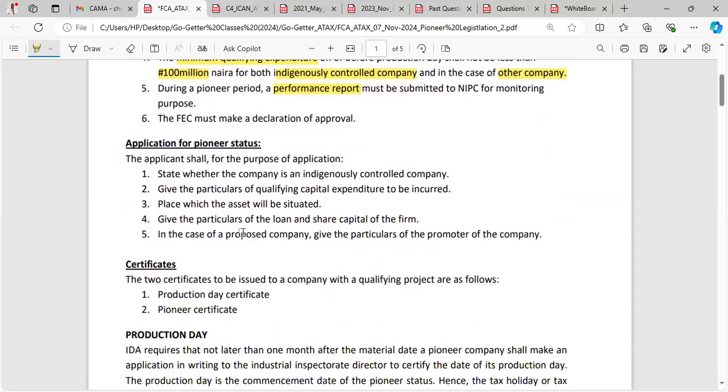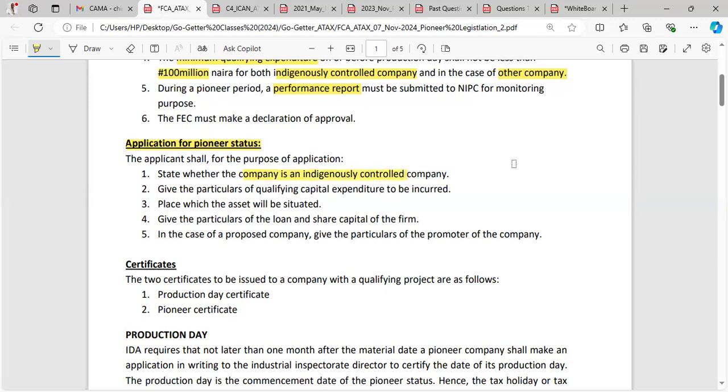Now, what is the application? How does a company apply for a pioneer status? The applicant shall state in his application whether the company is an indigenously controlled company.